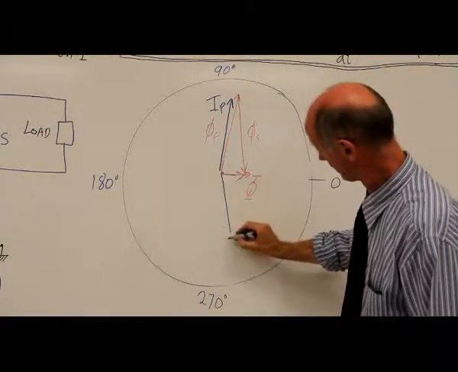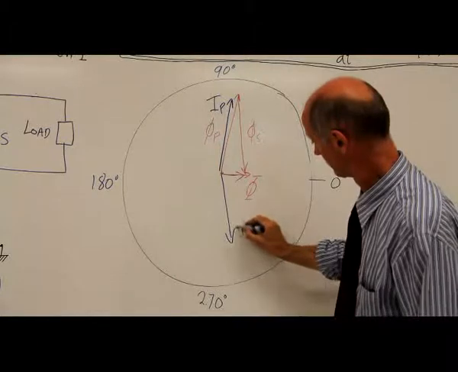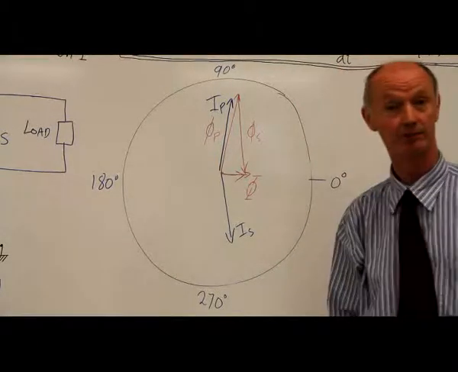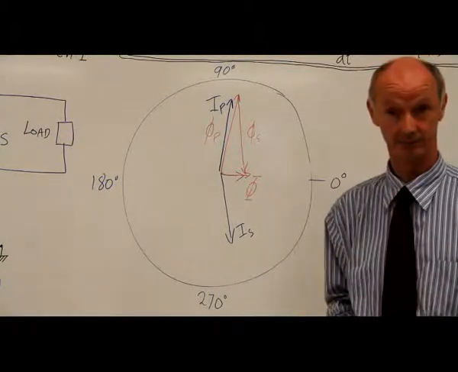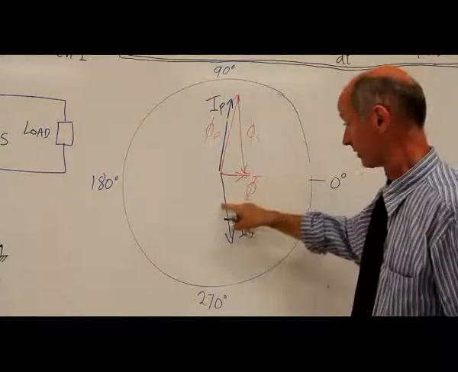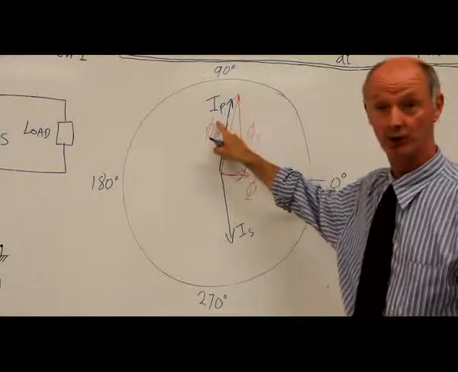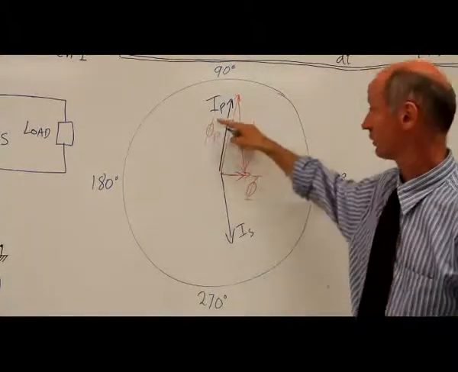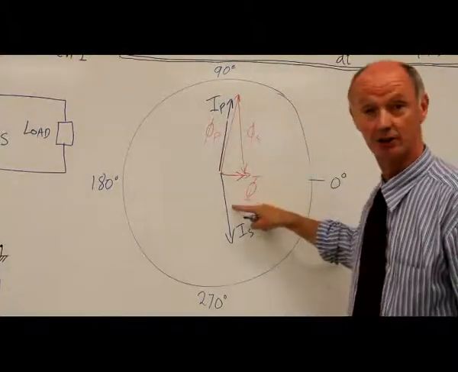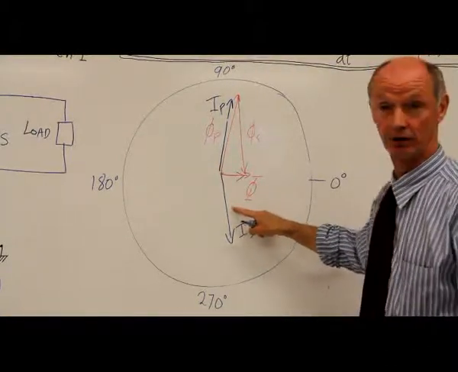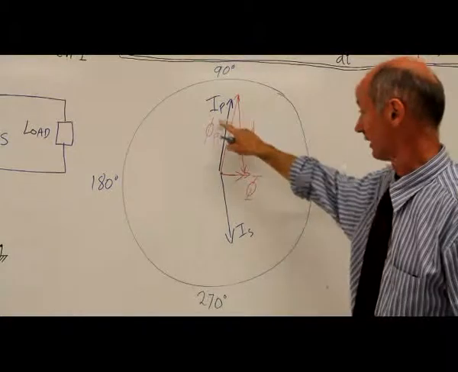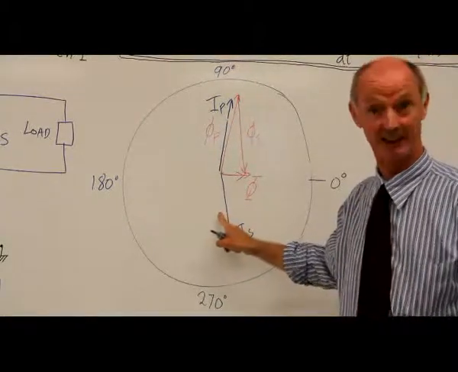I'm going to draw it down there. There is the secondary current, almost opposite to the primary current. The reason that we can say that these two are opposite is that the primary is a place where energy goes into the transformer, the secondary is a place where energy goes out of the transformer. So although the voltages are in phase, the currents are in exact antiphase.